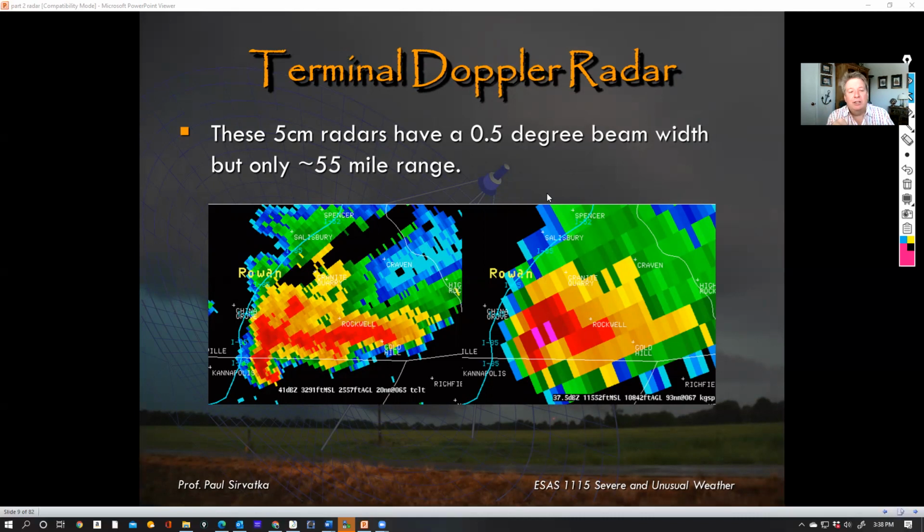If we go to these terminal Doppler radars, they have a narrower beam. Do you see that the resolution on the left looks a lot better? We're able to resolve details better. That's where the term resolution comes from. And so we want a narrower beam, and the 0.95 degree doesn't show it as well.